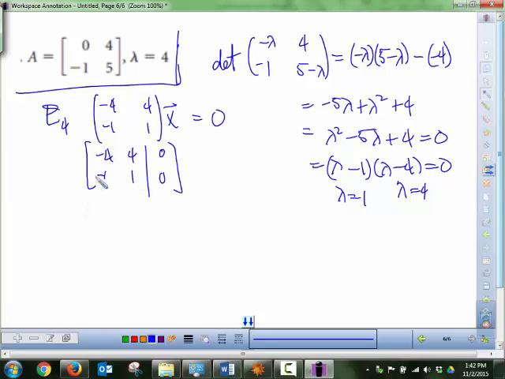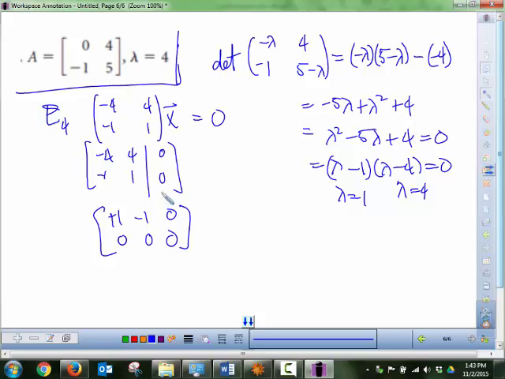You can do all the row reducing that you want, and this is going to be a negative 1, a 1, 0, 0, 0, 0. Or let me just switch the signs and do whatever matrix operations you need to do.